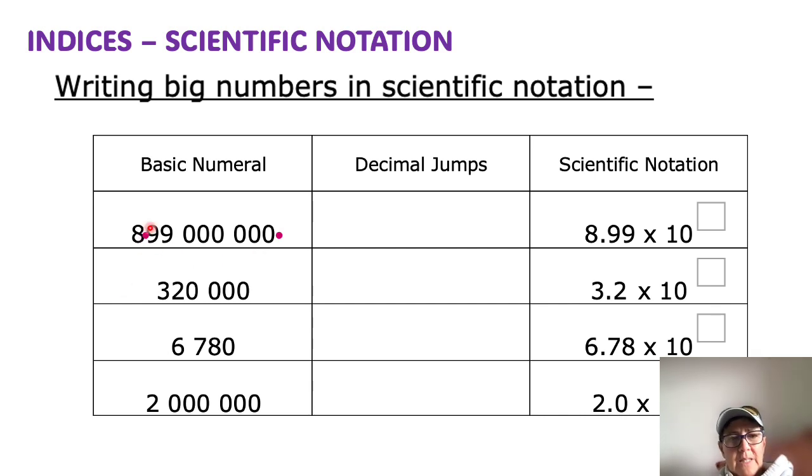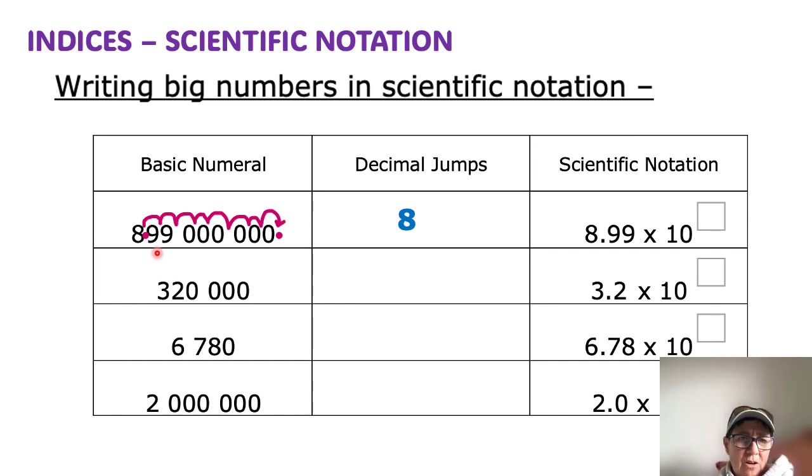I'm going to count how many numbers I've had to jump to move that decimal place. Watch. 1, 2, 3, 4, 5, 6, 7, 8. I moved it 8 times. So I write 8 jumps. So now I've moved the decimal place.